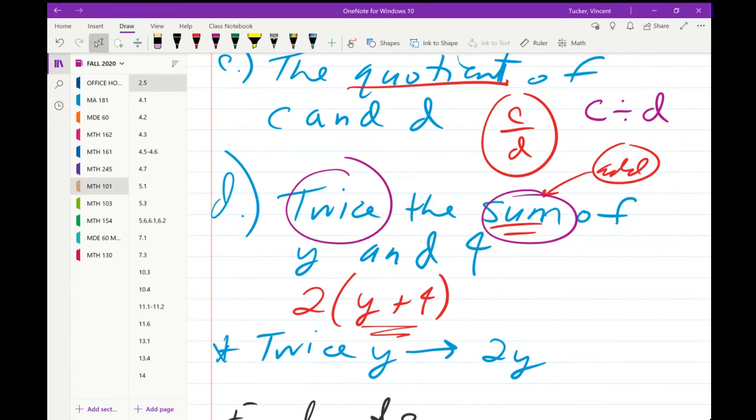Oh, this book didn't give you a page. That's why I didn't write it down. I'll see if I can find that and scan it. I know I have it in another book. This book didn't put a little box with key phrases up there and tell you what they mean. So let me write that down. I'll try to scan something and send it to you guys.